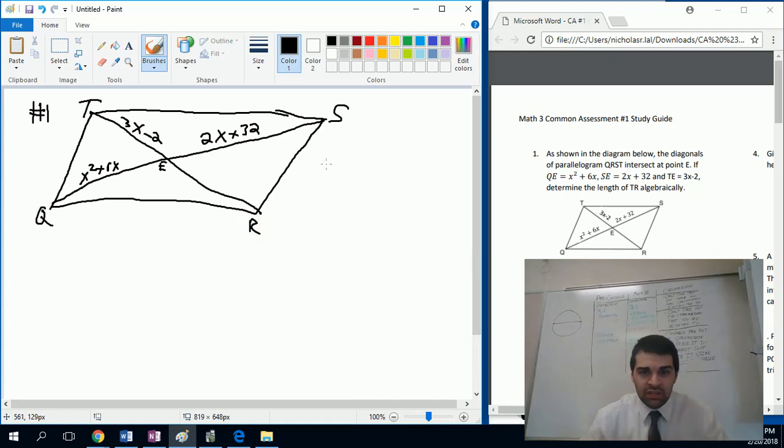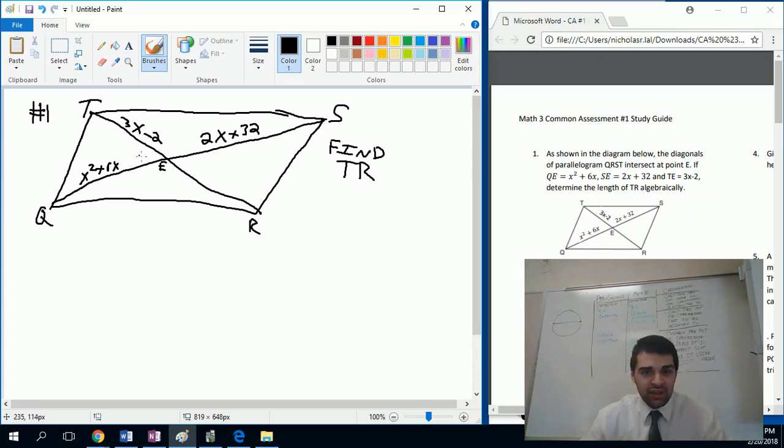Now, what's the objective? We need to find TR algebraically. So how are we going to do that? Well, one of the primary things about parallelograms is that diagonals bisect each other.